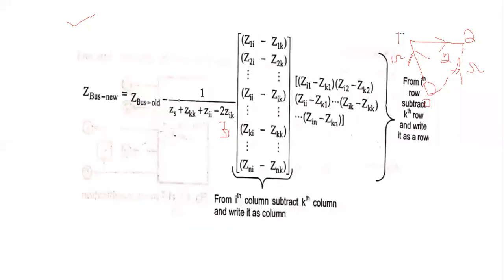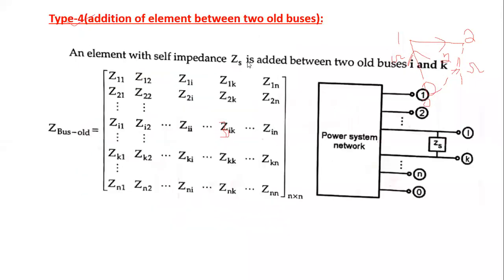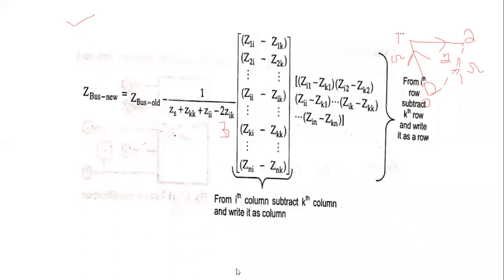In the type 4 modification, the element is added between two old buses.